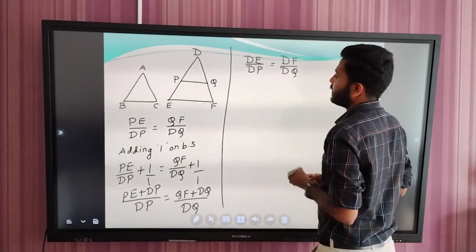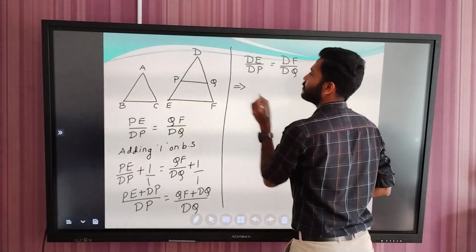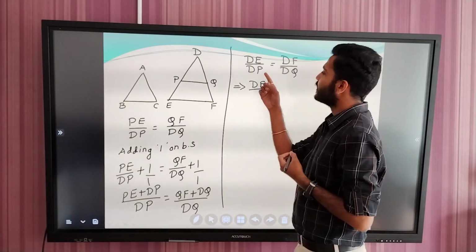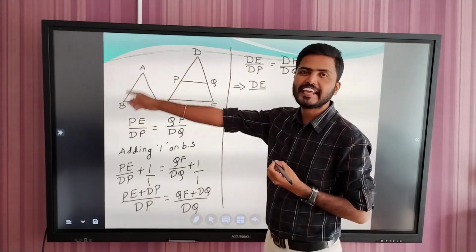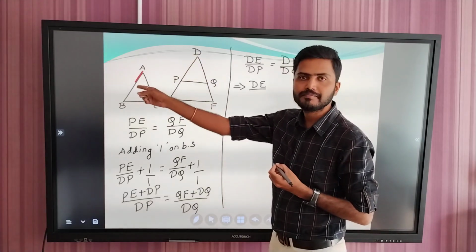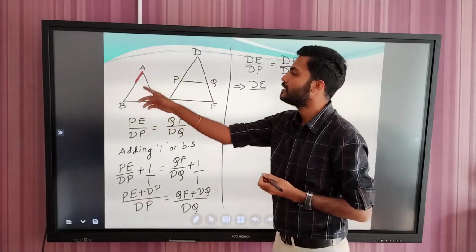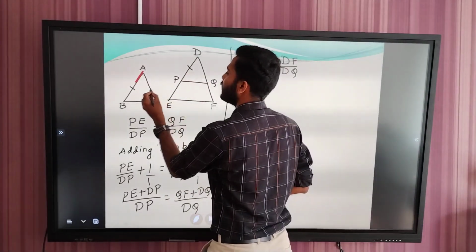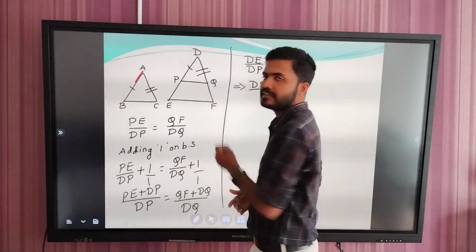Right? But what I'll do is now, I'll keep the numerators as it is. So instead of DP, can I write AB? Yes, I can write, because from construction I know that AB is equals to DP and AC is equals to DQ.